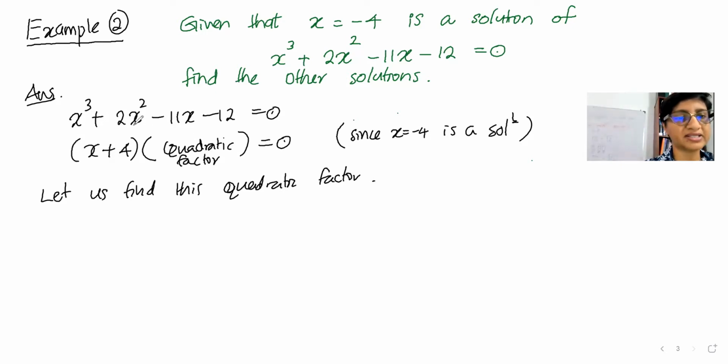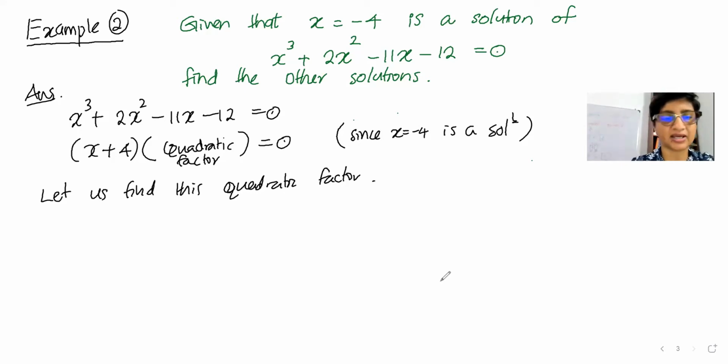How can I find this? This polynomial, if I call it p of x, is equal to this times this. So if I divide this by this, I should get that. I'm going to do long division. Please stop me and ask if anything is confusing to you.